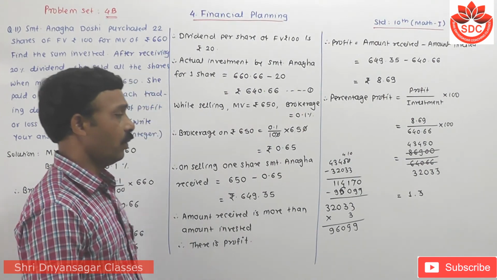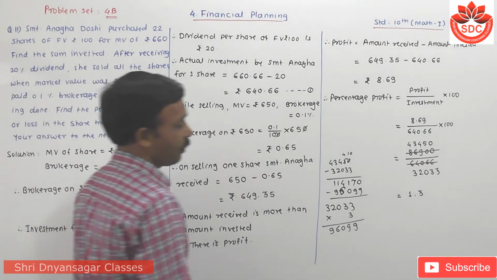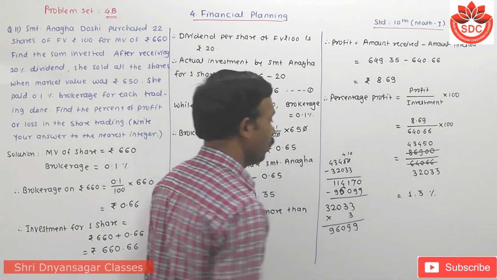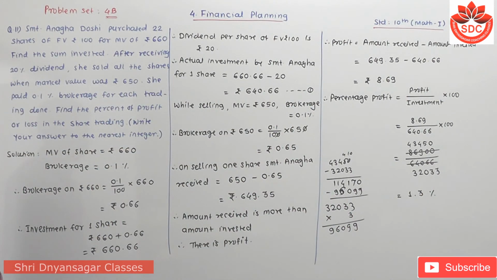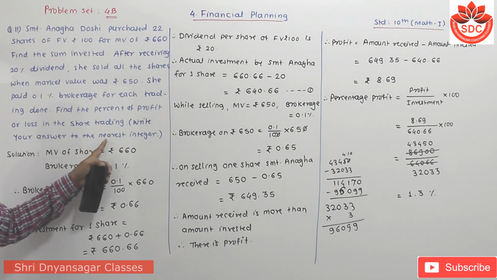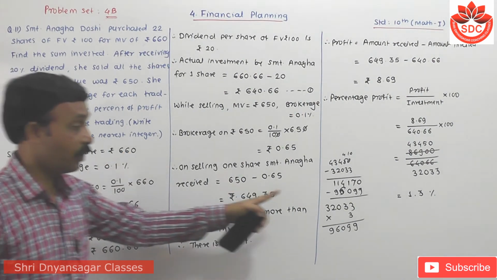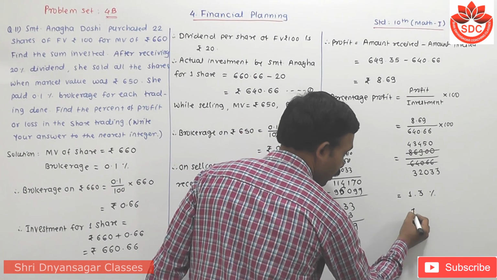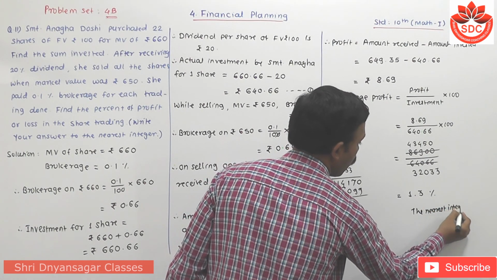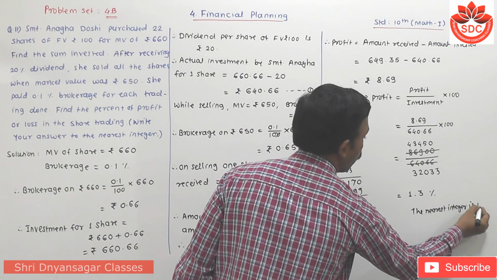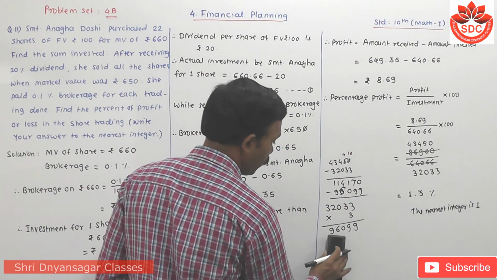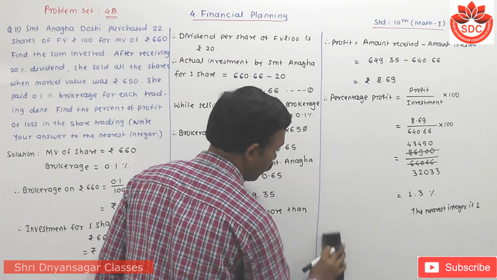Student, now look carefully. This is the percentage profit here. This percentage is nearly equal to 1.3%, but you have to write your answer to the nearest integer. Therefore in this, the nearest integer is 1. Nearly means that 1. Therefore I have to write the answer in a full sentence. I have to rub this portion also here.